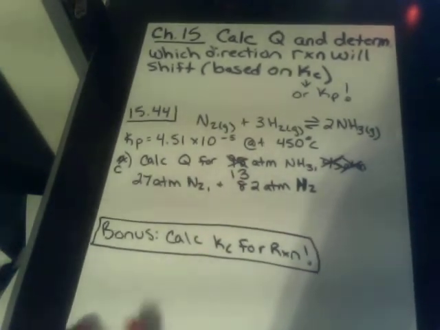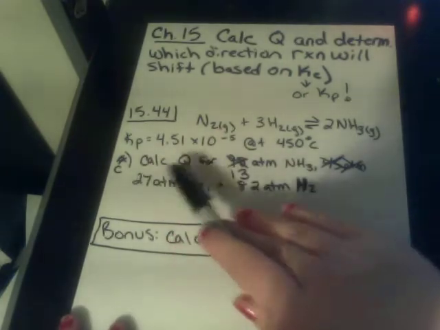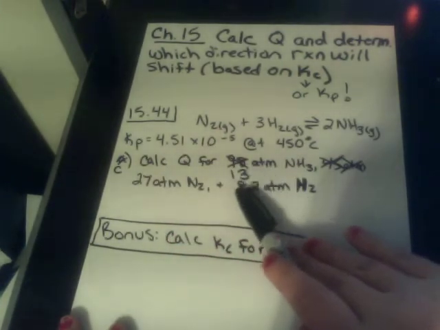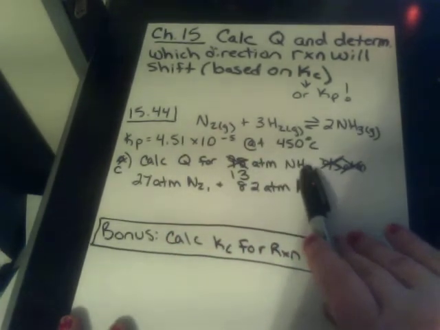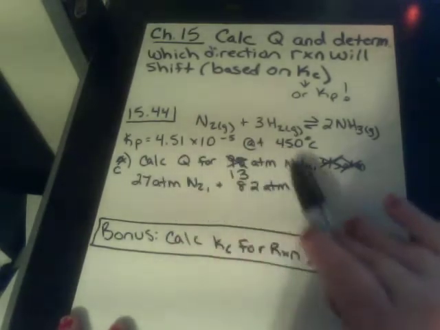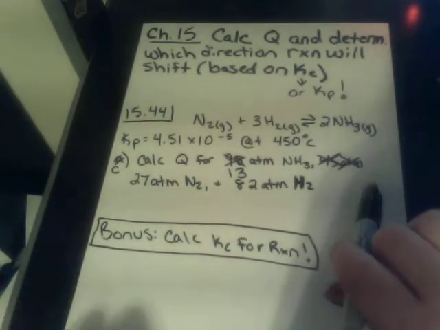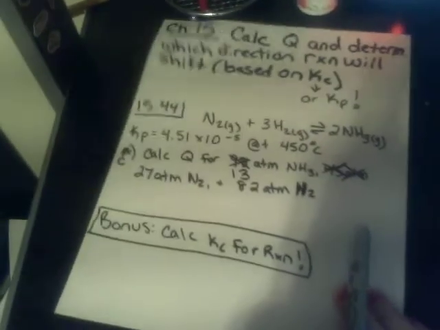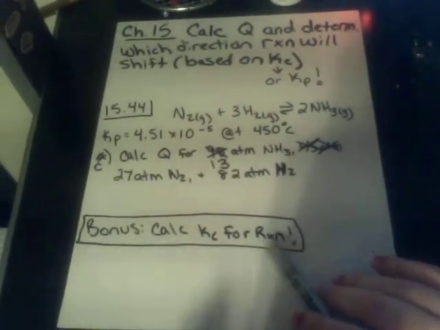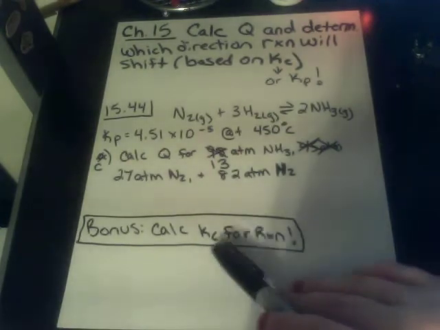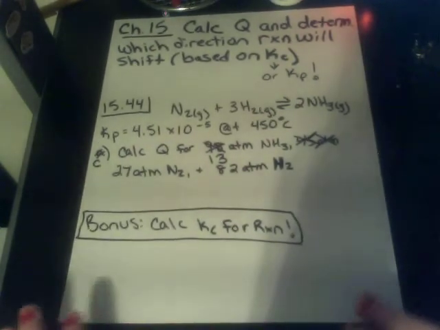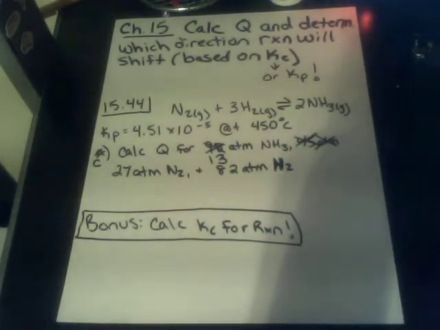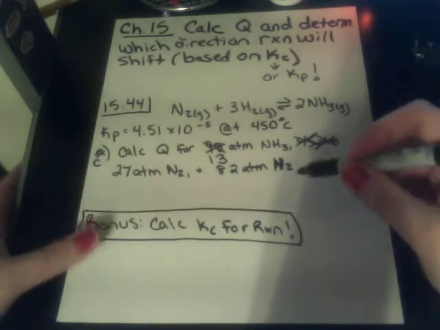So let's try part C. Calculate Q for a mixture of 13 atmospheres of NH3, 27 of N2, and 82 of H2. And then we're going to do a little bonus here. To practice, we're going to calculate K sub C for the reaction. So if we're given a K sub P, let's go ahead and calculate K sub C too. Why not? That's just a little extra fun thing.